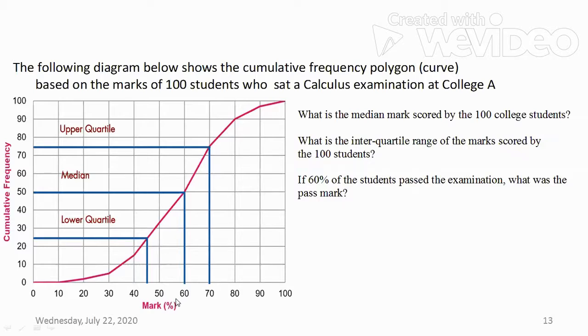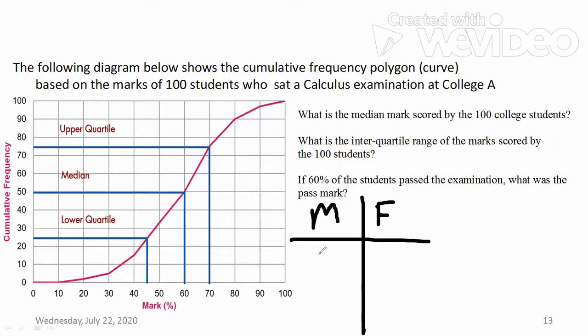Before I even start this question, let me explain what a cumulative frequency curve is all about. Let us say we have some marks, some scores done in a test, and we have frequency.